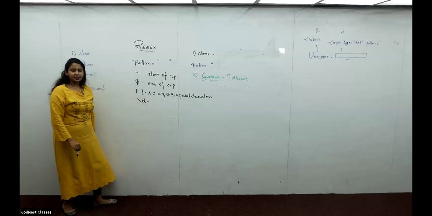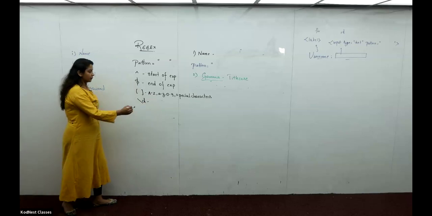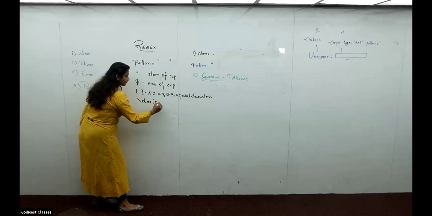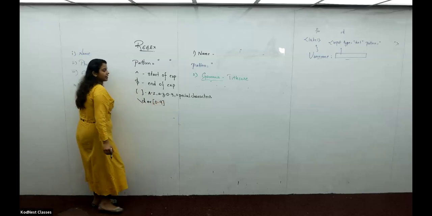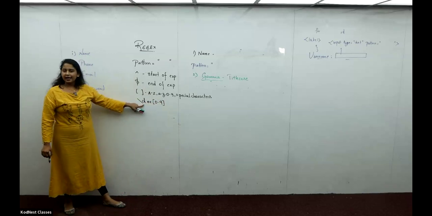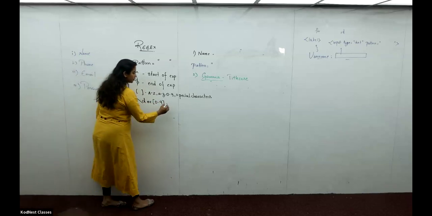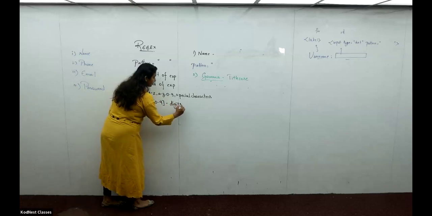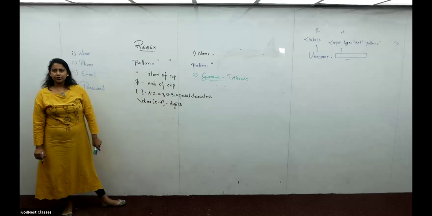Can I specify digits like this? Or what is one more way to specify digits? I can also specify in the square bracket 0 to 9 or \d. So this will help me specify the digits. This much basics you need to learn.